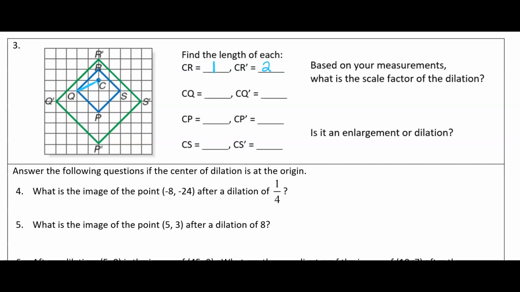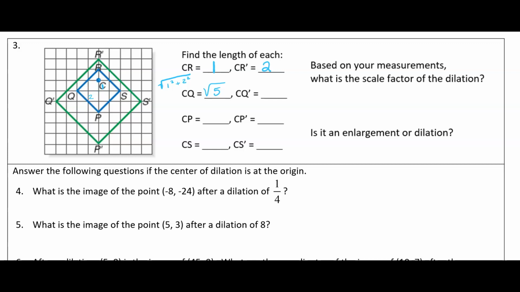We can still do distance formula or just a quick Pythagorean theorem right there. So in order to find the length of this diagonal, I've got a distance of 1 and 2. So if I quickly do the Pythagorean theorem, I will have 1 squared plus 2 squared right there. So CQ is going to be the square root of 5.